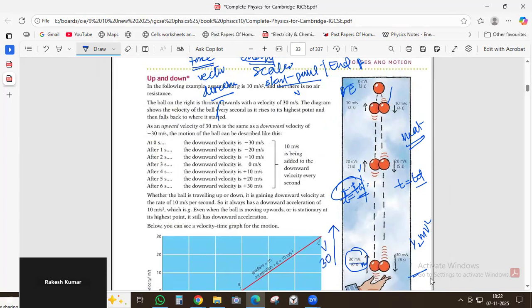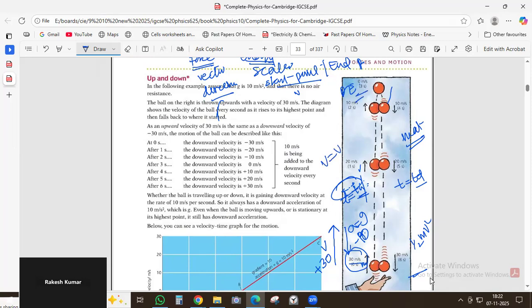Let's take the up direction as positive. You could take the up direction as negative also, but whatever. If you take the up direction as positive, a is minus g. The acceleration due to gravity is minus 9.8, say minus 10 I will take. And so the time comes out to be 3 seconds.